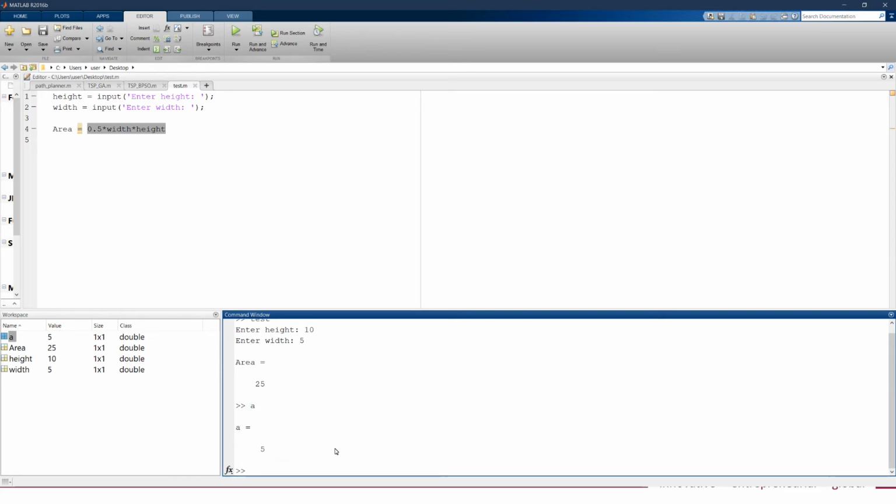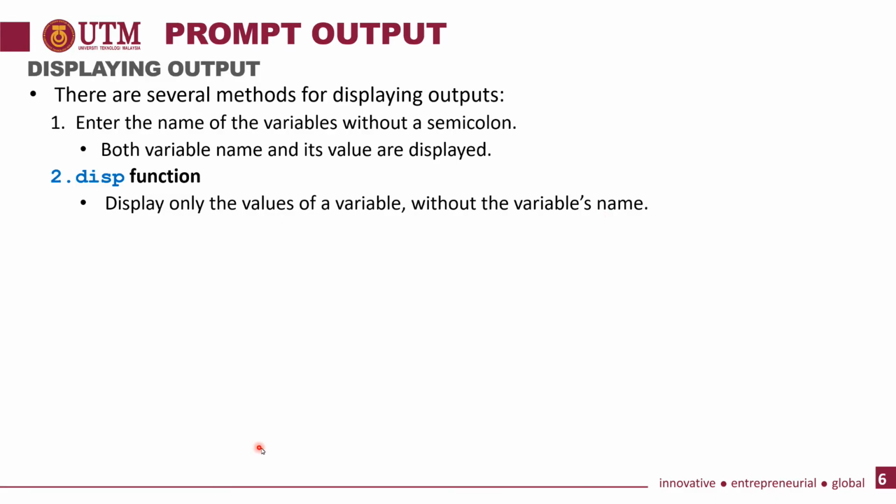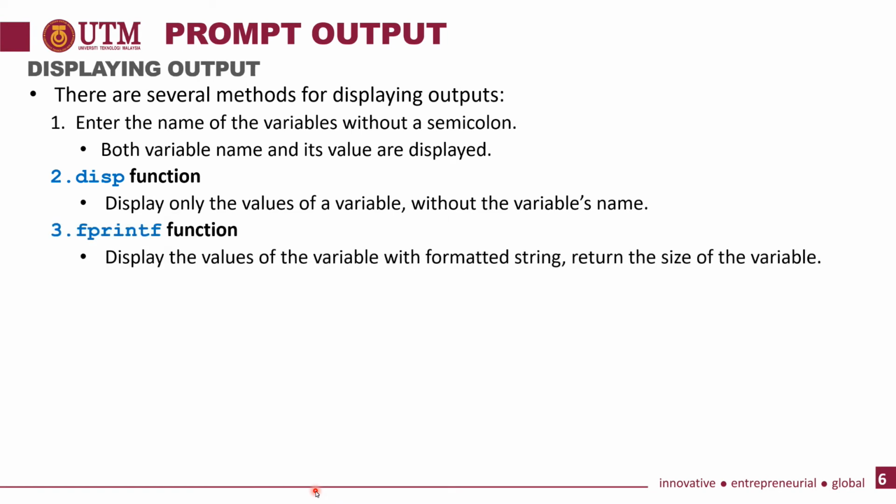If we use the display function, we put disp and then in the brackets the variable that we want it to display, and it will display the value inside variable a. It will not give the output a equals 5, but just the value inside variable a.